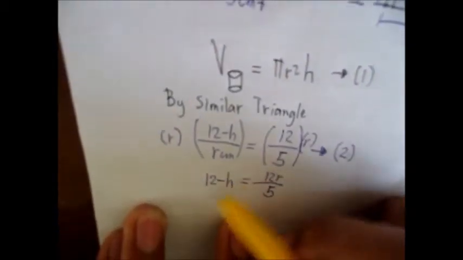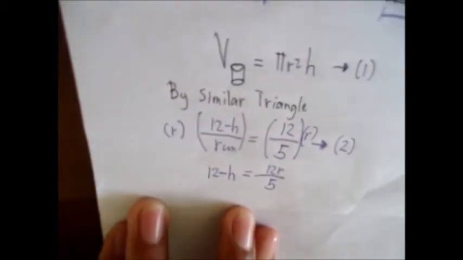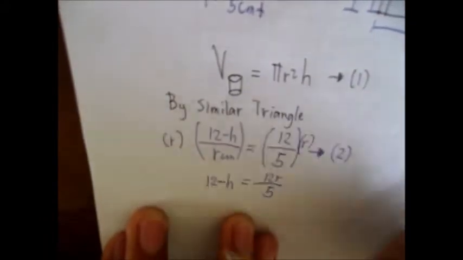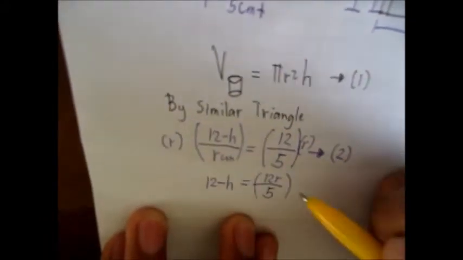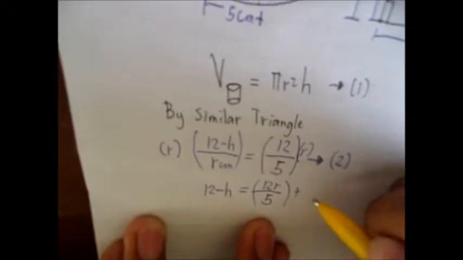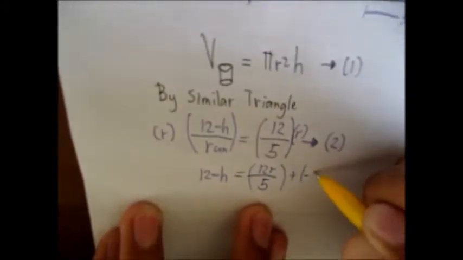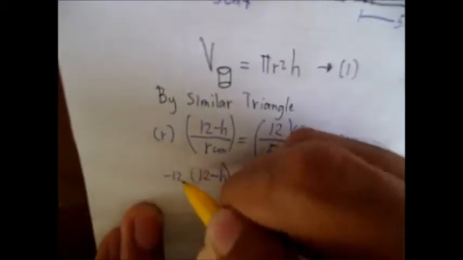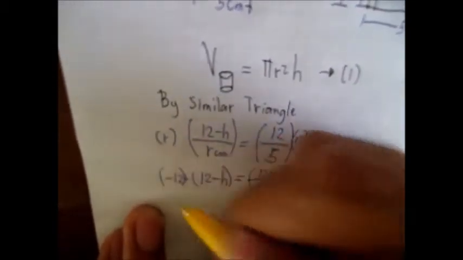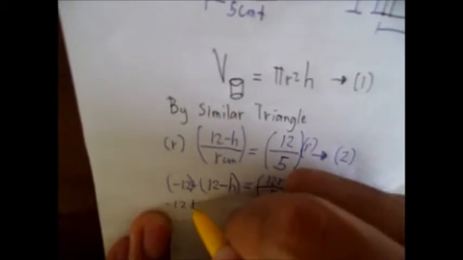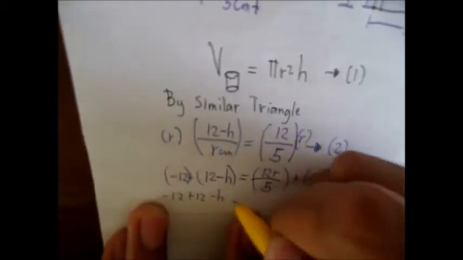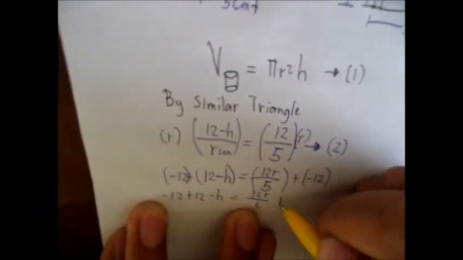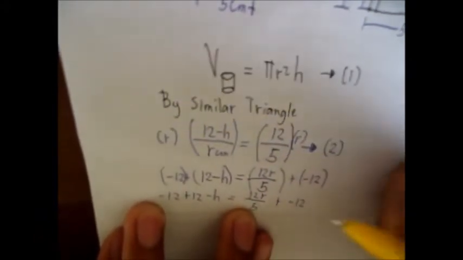Since it is not really simplified, we need to simplify it. By the addition property of equality, we add negative 12 to both sides. So negative 12 plus 12 minus h is equal to 12r over 5 plus negative 12.